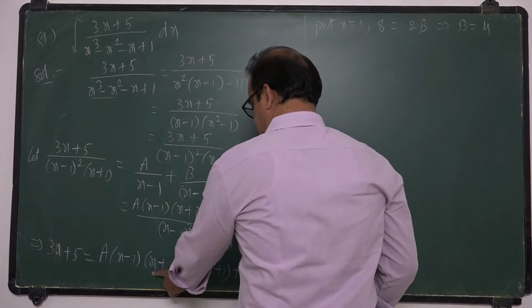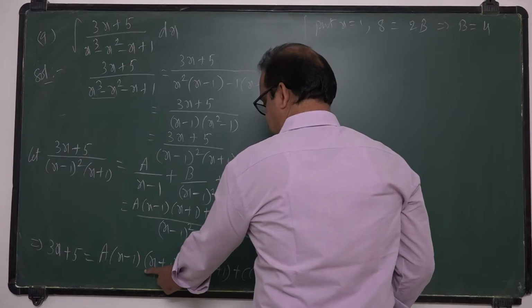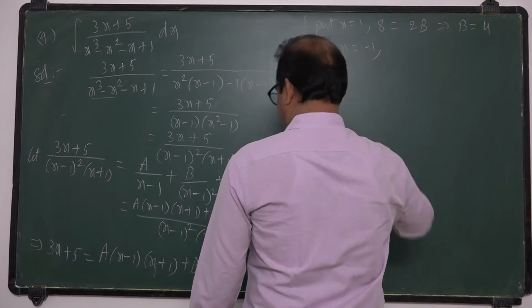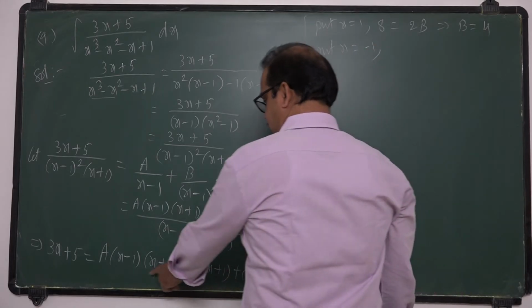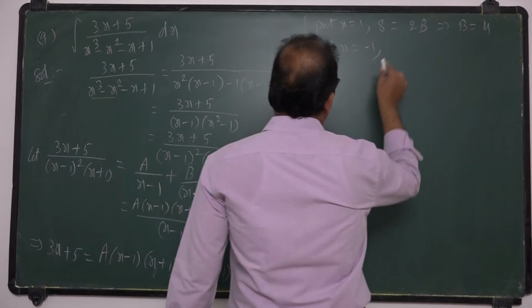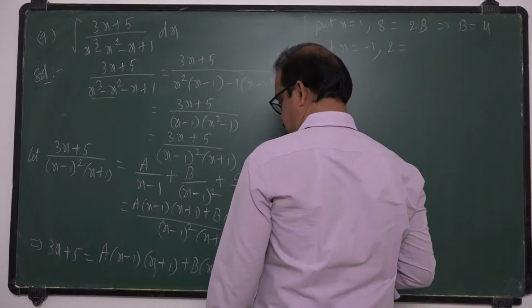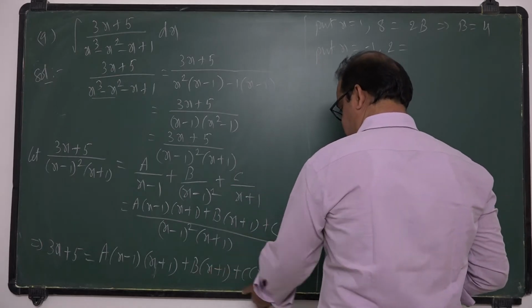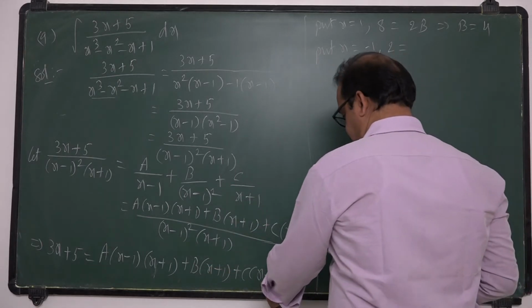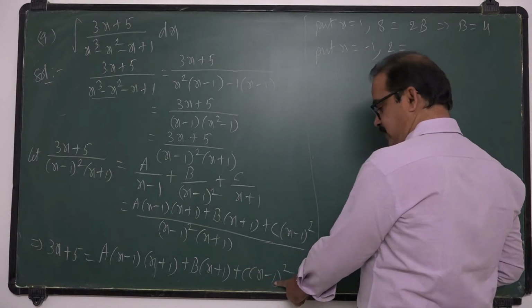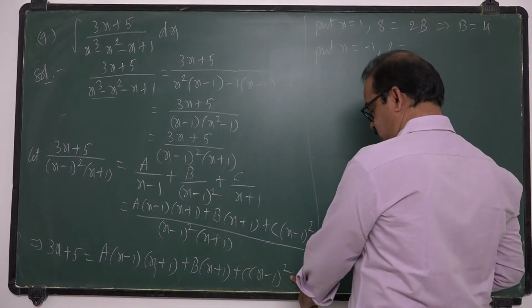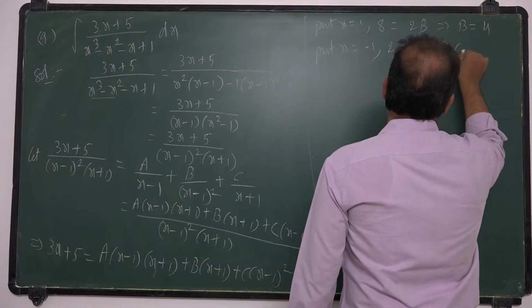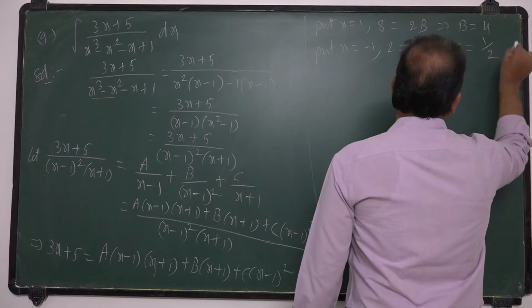Next, put x is equal to minus 1. LHS becomes minus 3 plus 5, 2, is equal to: this term is 0, this term is also 0, and minus 1 minus 1, minus 2 whole square, 4 into c. From this c value is 2 by 4, or 1 by 2.